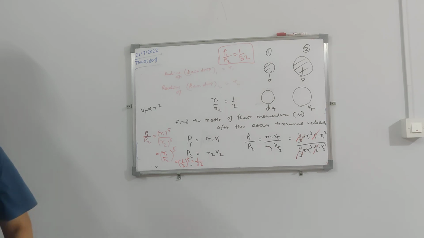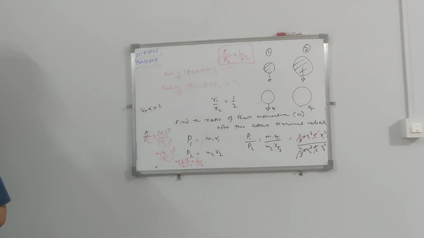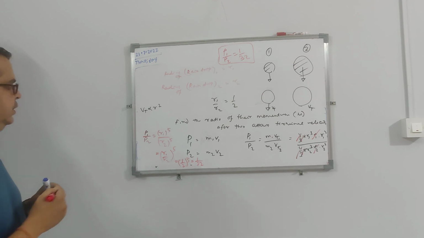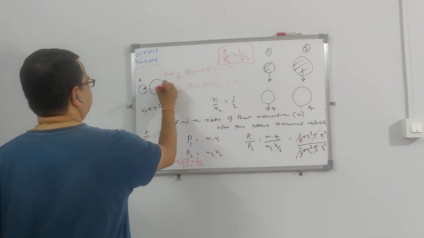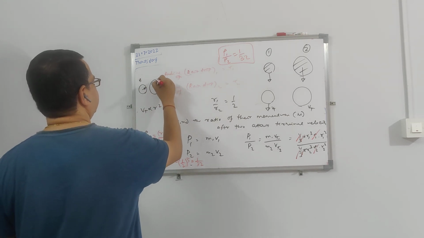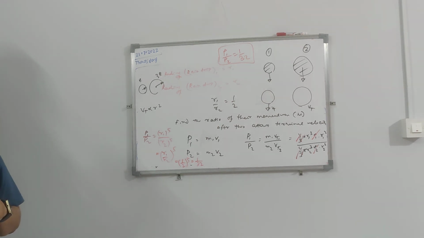This is a very simple one. Here only the terminal velocity is proportional to the radius square. So let us say one ball is of radius R, another ball is of radius 3R. You want to find the ratio of their terminal velocity.